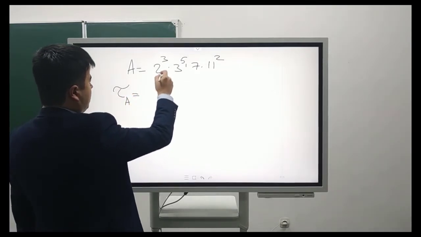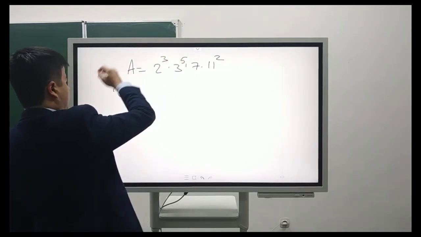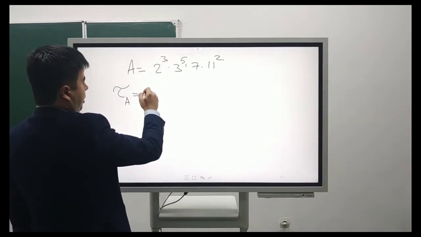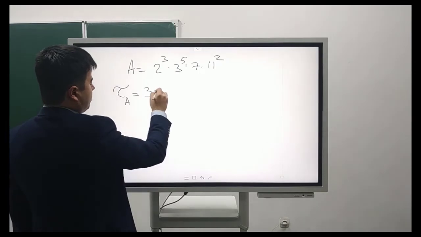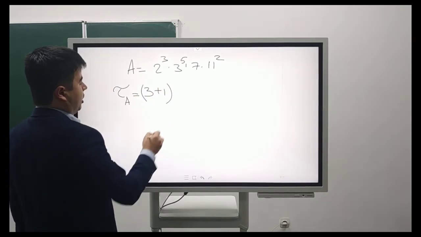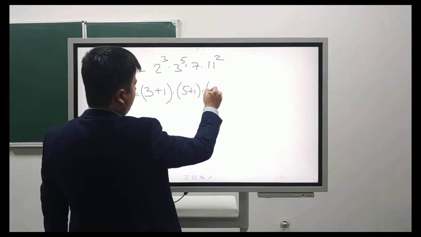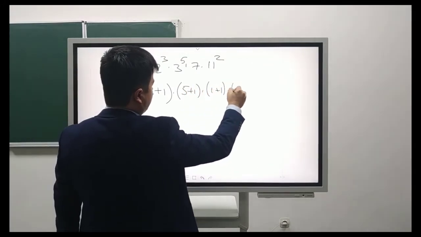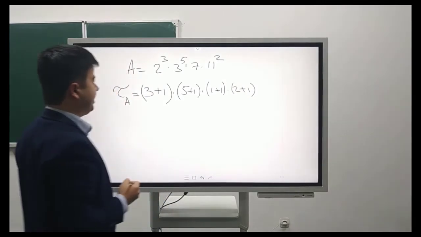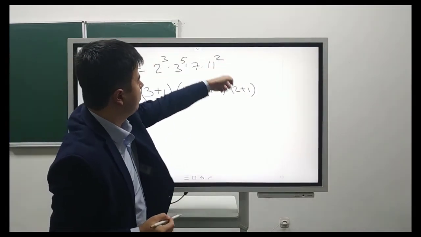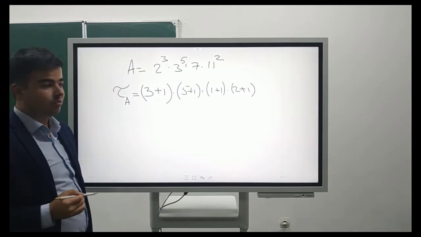Here, what should we use? Again, recall the definition of tau. 3 plus 1, times 5 plus 1, times 1 plus 1, times 2 plus 1. Yes? Adding 1 to each power.